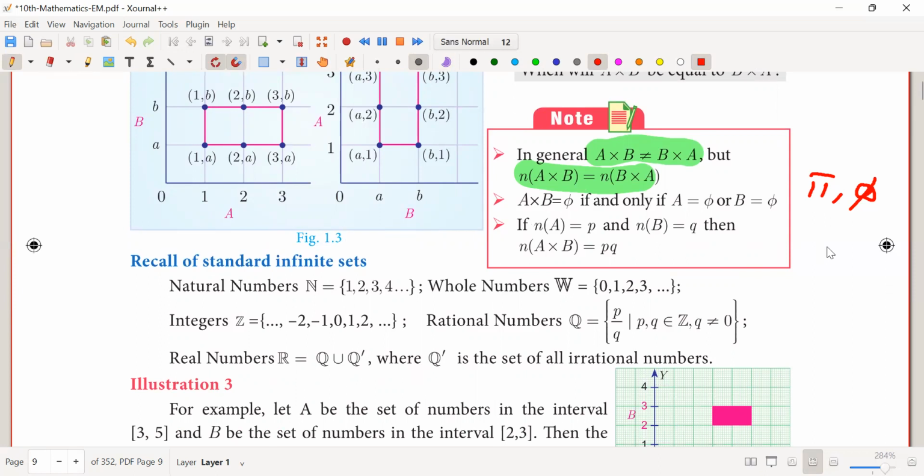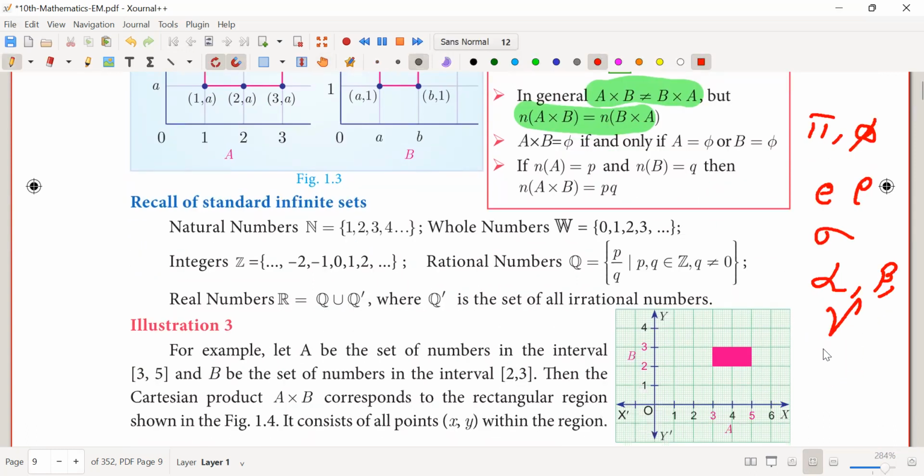Like rho, this is density. Sigma, surface density. A lot of things will come across. We have to understand those also. Then alpha, beta, gamma, theta. All these are special symbols.